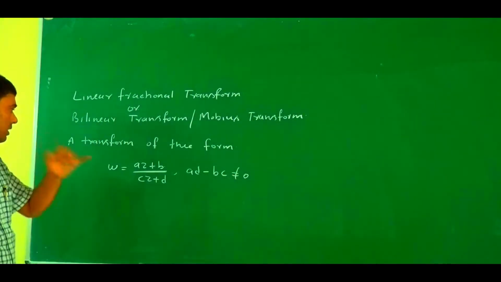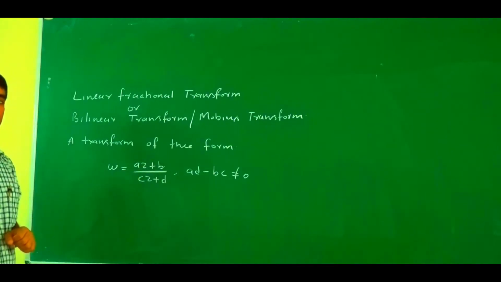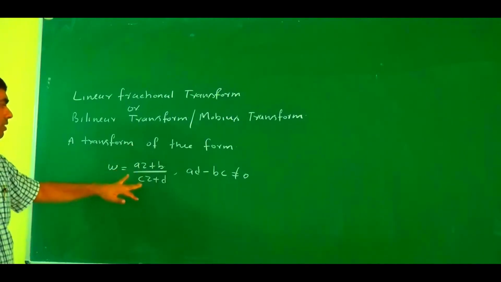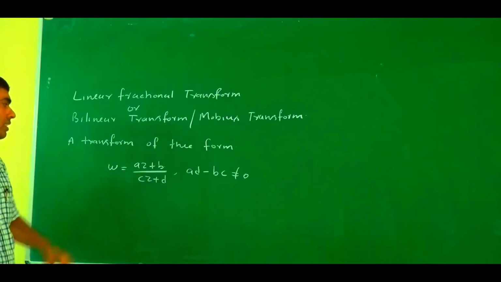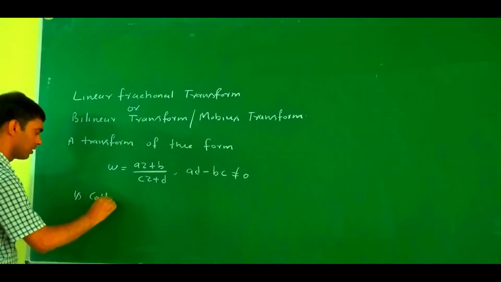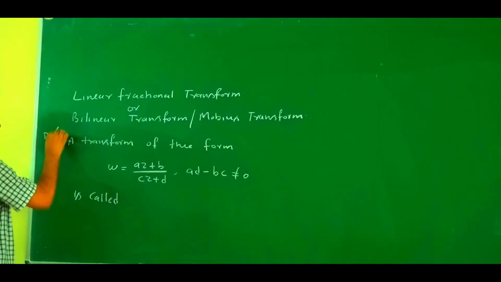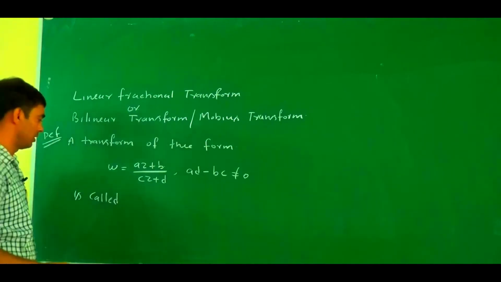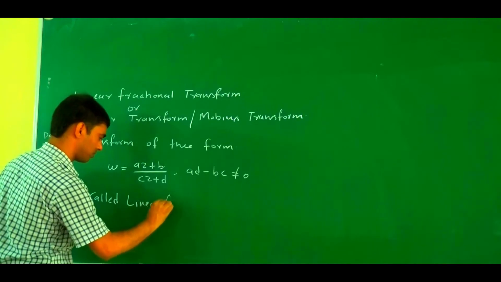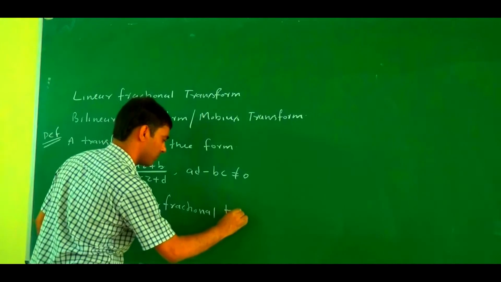AD minus BC means A into D minus B into C does not equal 0. So a transform of the form W equals (AZ plus B) divided by (CZ plus D) is called a linear fractional transform.